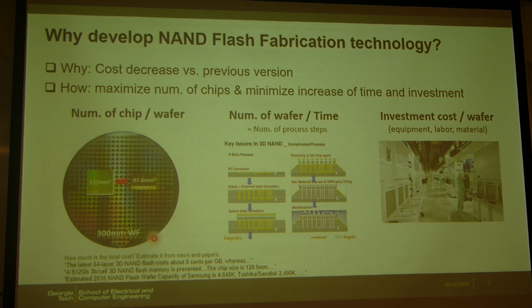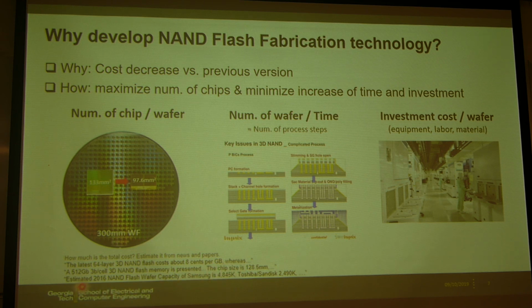Okay, let's estimate the total cost of one wafer. You can estimate it from news and papers. You can find it on Google. There are some sentences like: NAND flash costs about 8 cents per gigabyte.